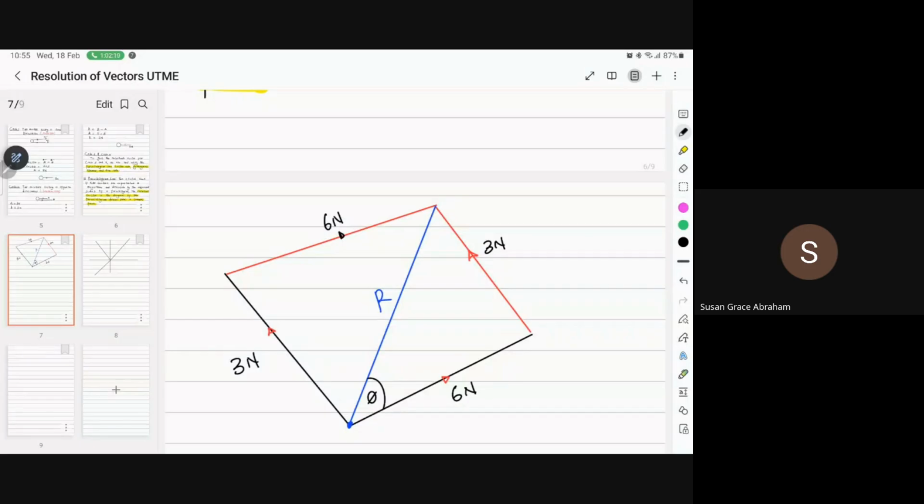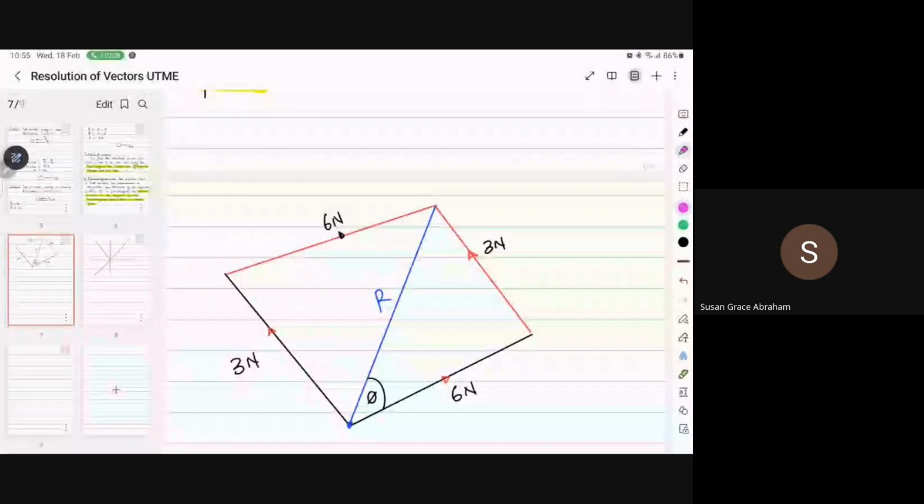All right. So the angle between the resultant and one of the vectors. Are you seeing it now? It can be this one. It can be this one. But most probably they want us to give the angle with the horizontal. So this angle here gives us the direction of the resultant vector. While this one represents what? The magnitude. Does that make sense?